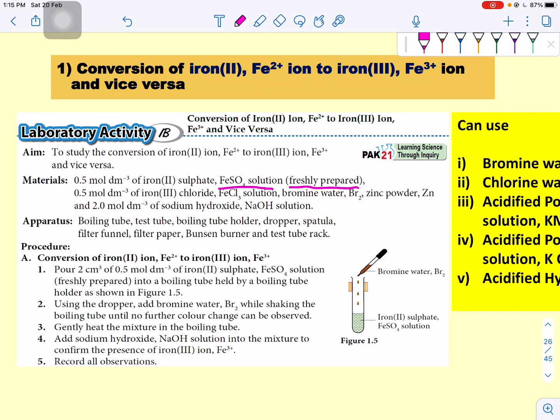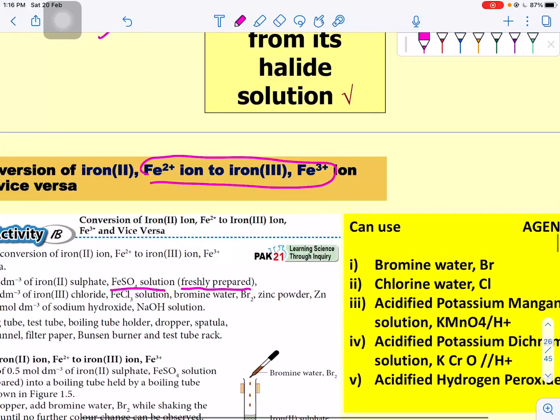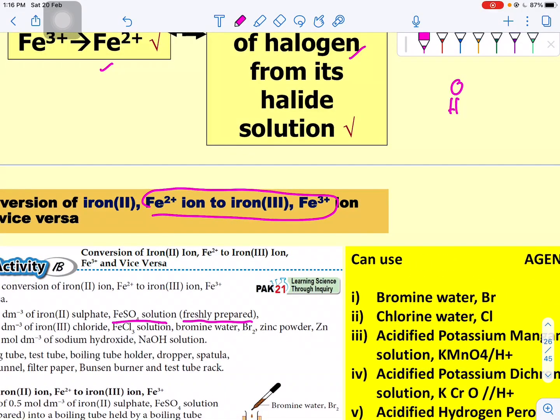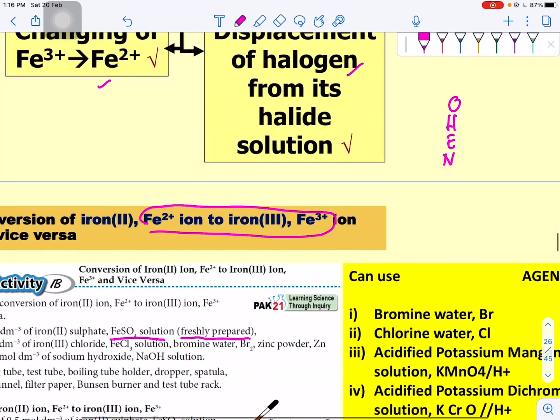We want to convert from iron 2 to iron 3. So from this one, 2 becomes 3. So we know the oxidation number for iron is increased, meningkat. So based on the principle, oxidation occurs when there is an increase in oxidation number. So when we have an increase in oxidation number for iron, we can say the process iron 2 to iron 3 is oxidation.